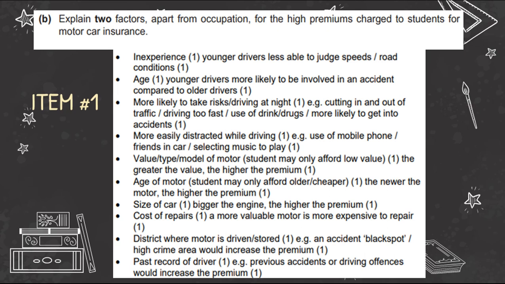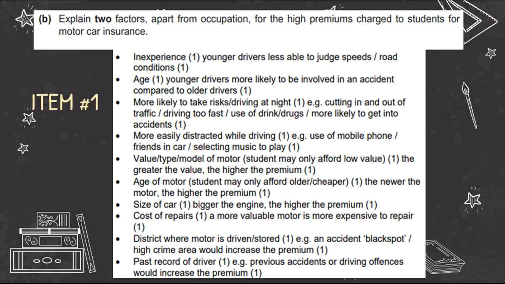There are many factors, and you need to explain two. Obviously one of the factors is the age, because younger drivers are more likely to be involved in an accident compared to older drivers.